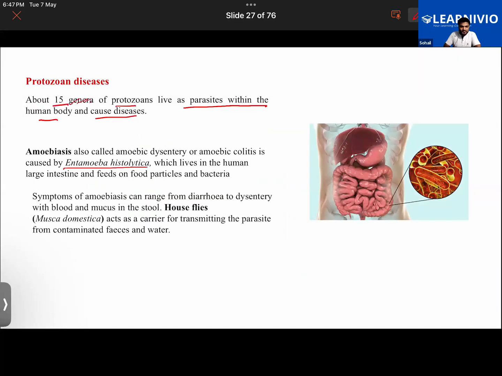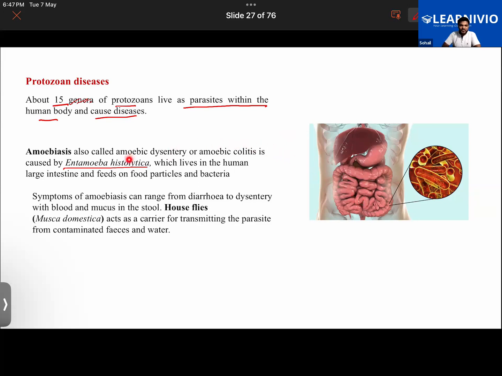So where is it found to be living? First of all, let's say the food is contaminated by that protozoa. So that's how it will be getting into your intestines.